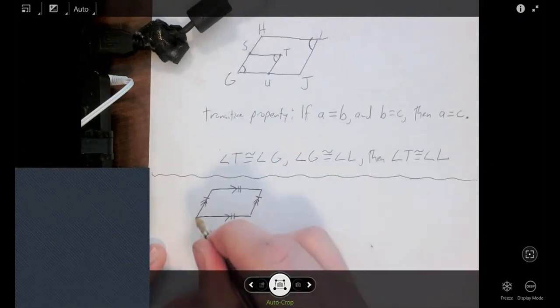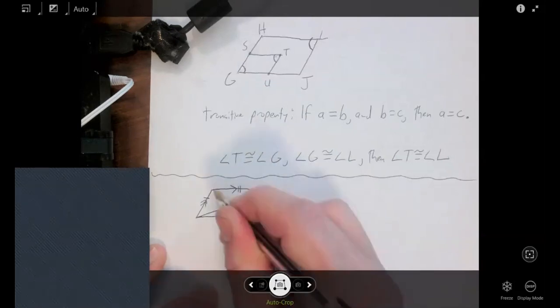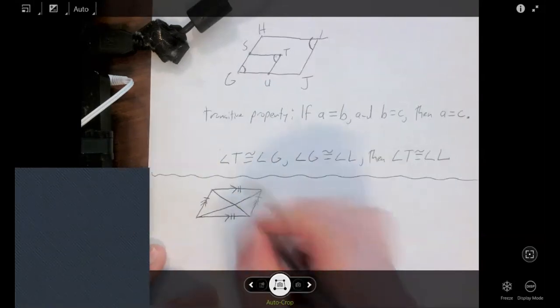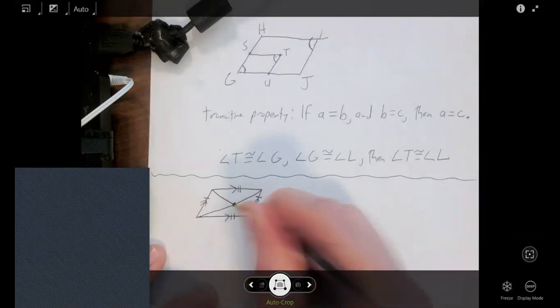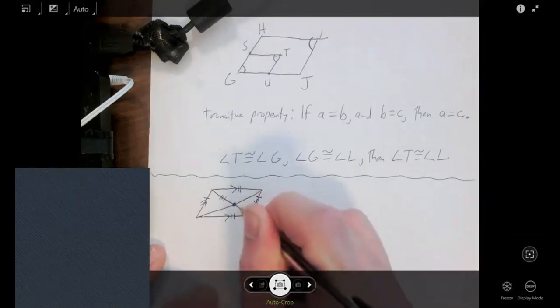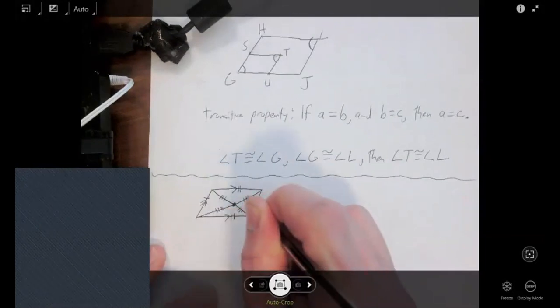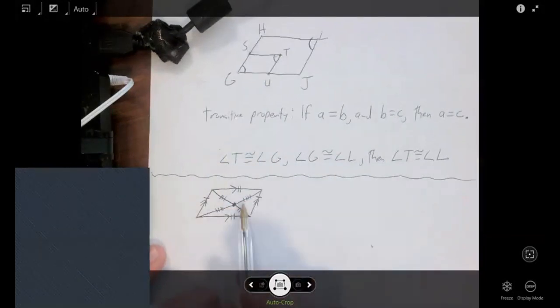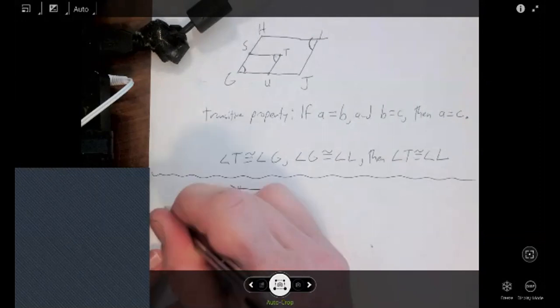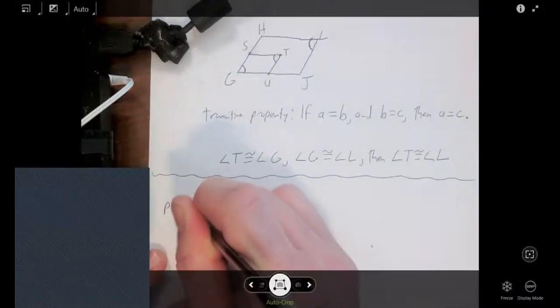And we also drew in the diagonals of a parallelogram, and we saw that the diagonals intersect and bisect each other. So this is a parallelogram.